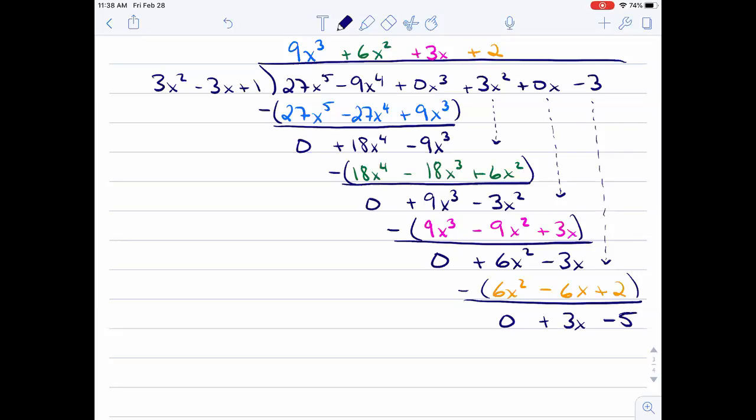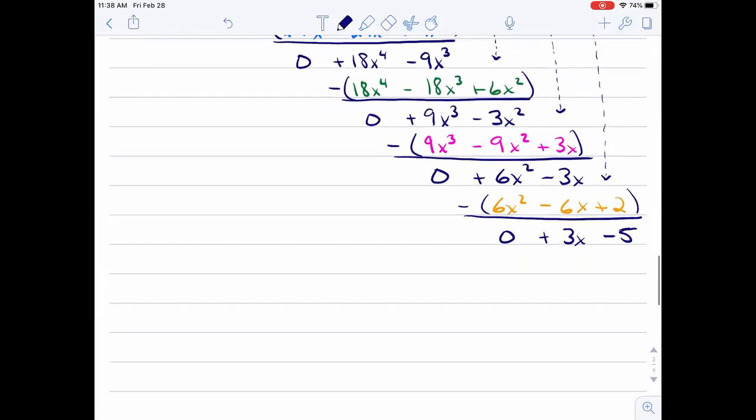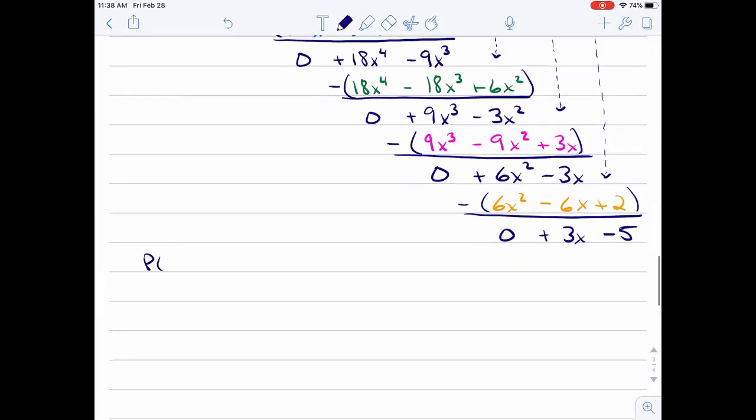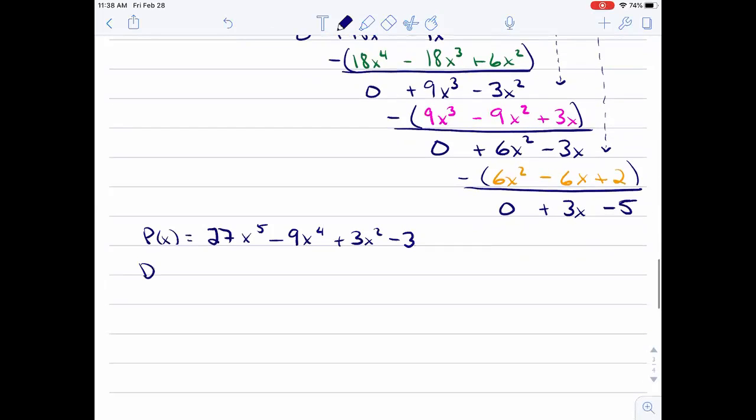So in terms of the question, P of x we said was 27x to the 5th minus 9x to the 4th plus 3x squared minus 3. D of x we were told was 3x squared minus 3x plus 1.